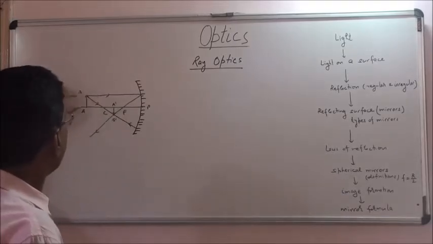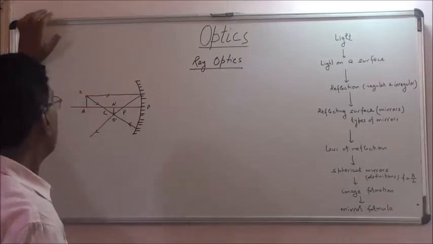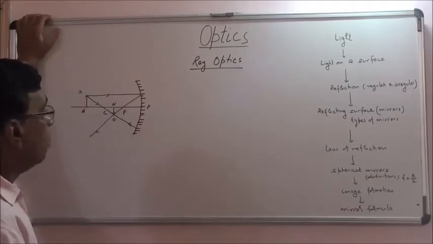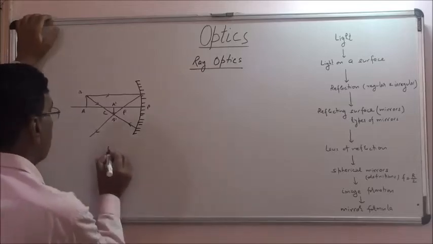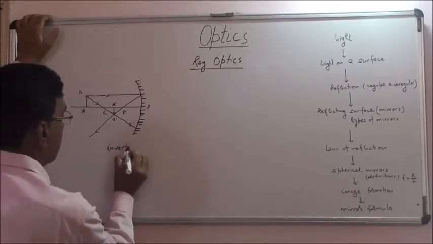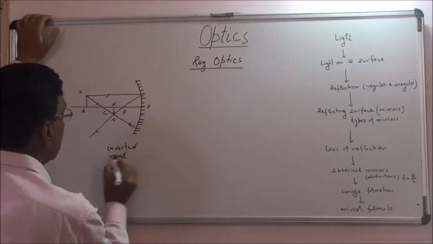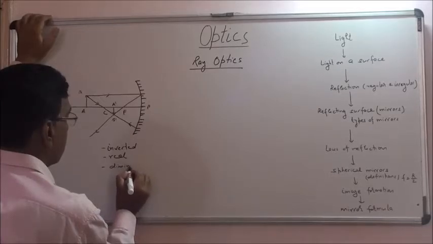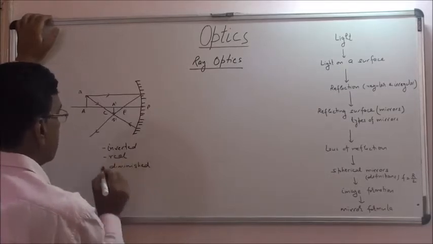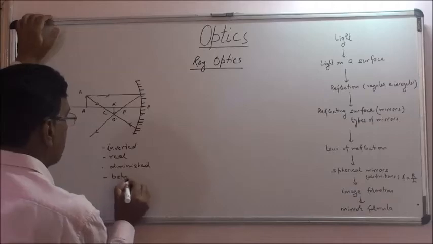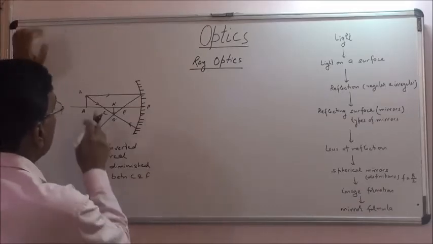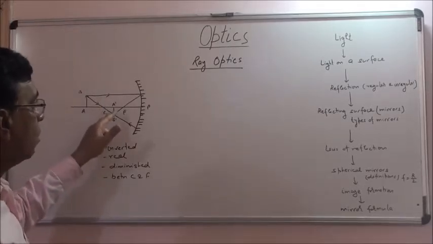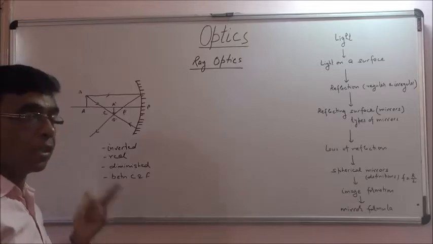What about the size? It is smaller, diminished, it is between C and F, inverted. So it is inverted, it is real, it is smaller or diminished, and it is between C and F when the object is beyond C. If we bring it closer, at C the image size is same as of object.